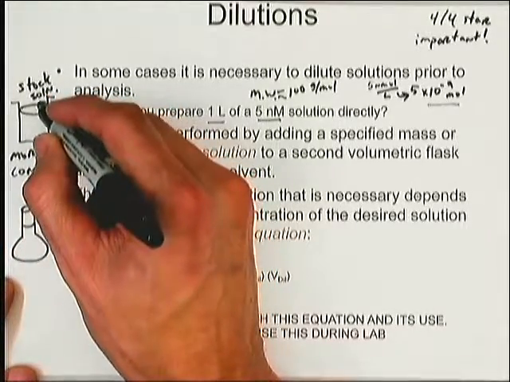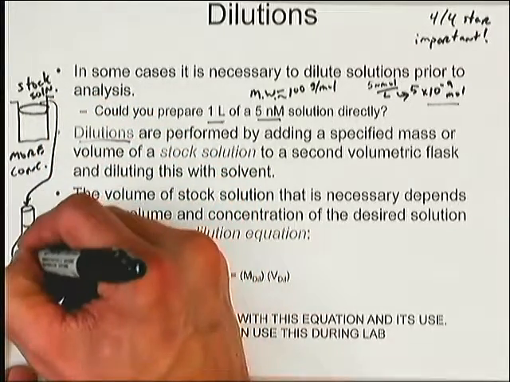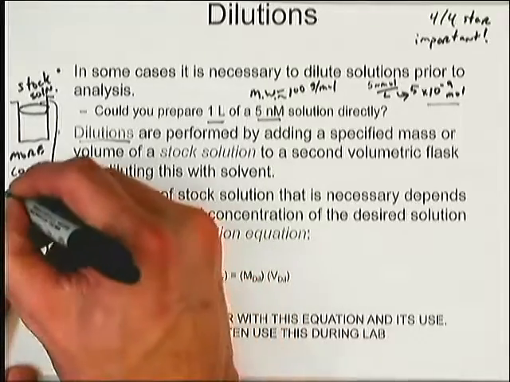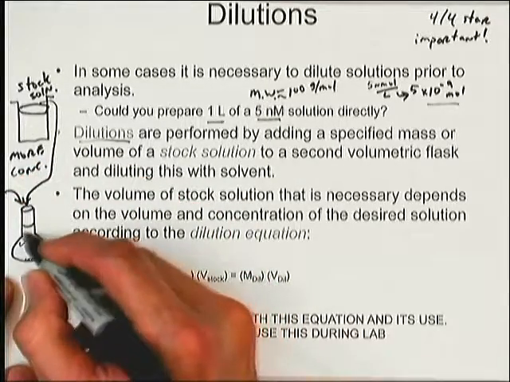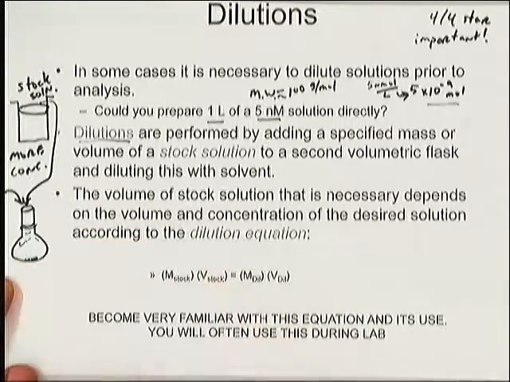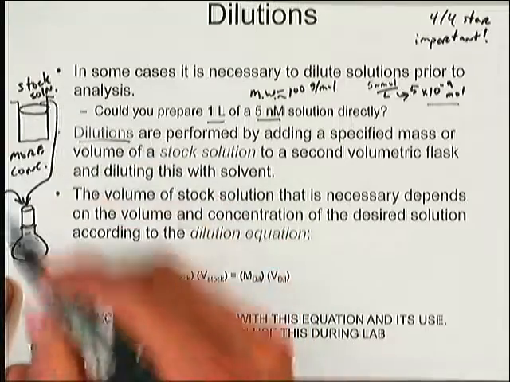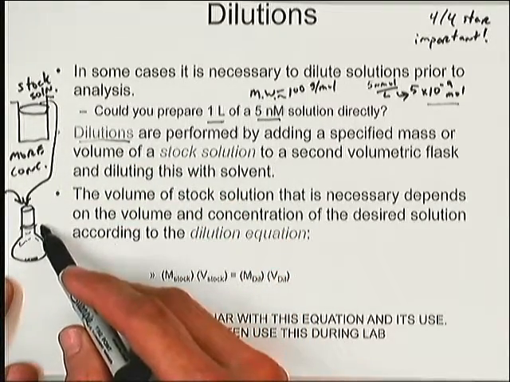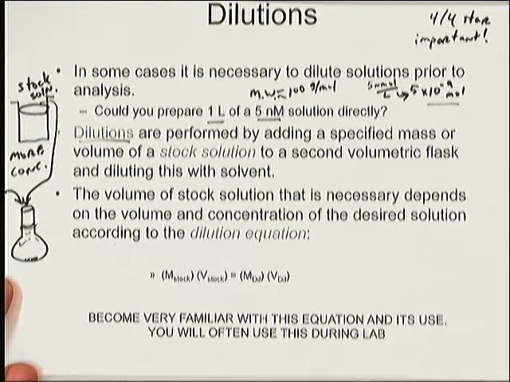You take a fixed quantity of our stock solution, pipette it into the flask, so that's in the bottom of the flask, and then you'd go and you'd add more solvent. You'd add solvent until you dilute it to the mark. And if you add just the right quantity of stock solution into the specified total volume of the flask, you're going to be able to achieve a concentration that you desire.